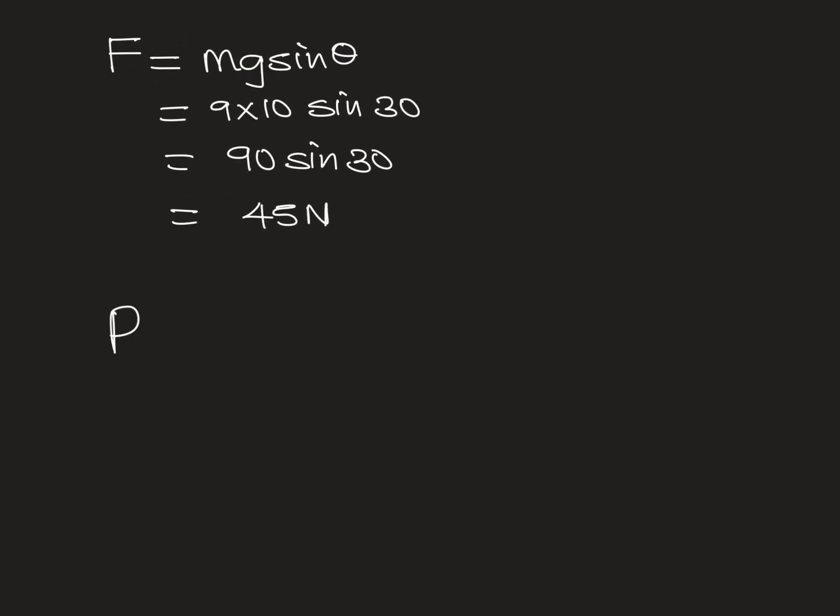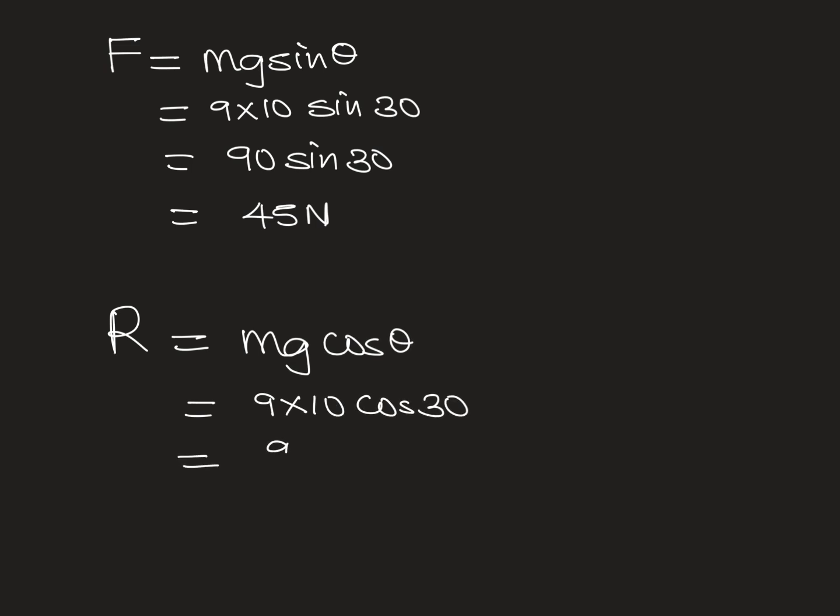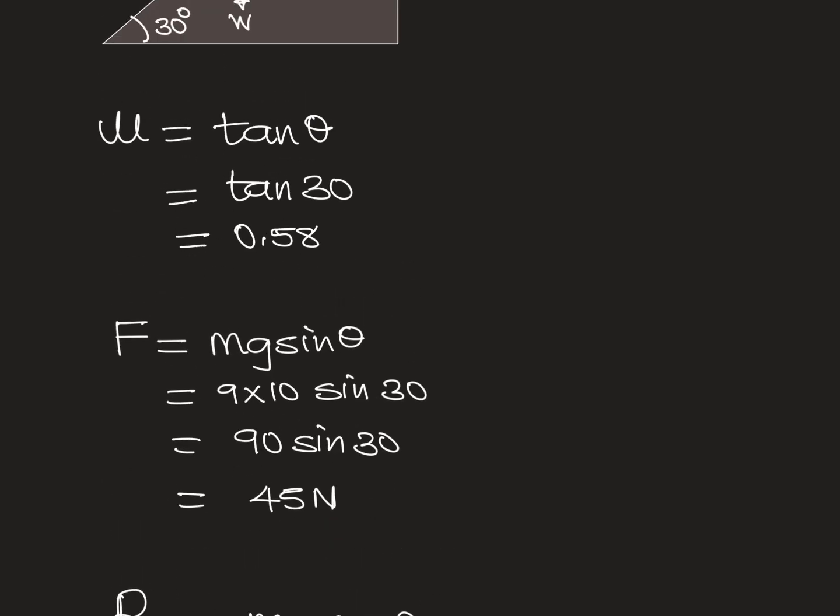To find the normal reaction, we know that the normal reaction is mg cos theta. So that will be the mass 9 multiplied by 10 cos 30. So that is 90 cos 30, and 90 cos 30 is 77.9 newtons. So that is the normal reaction.